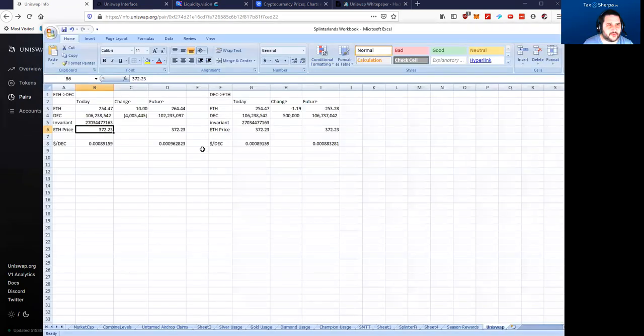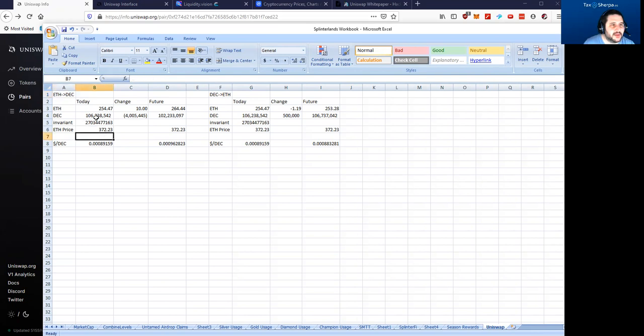The way that works out in practice is if you're swapping Ethereum in to get dark energy crystals out, that means you are adding to the Ethereum pool and decreasing the dark energy crystal pool. And so the relative price is going to increase for dark energy crystals and decrease for Ethereum because the product needs to remain the same.